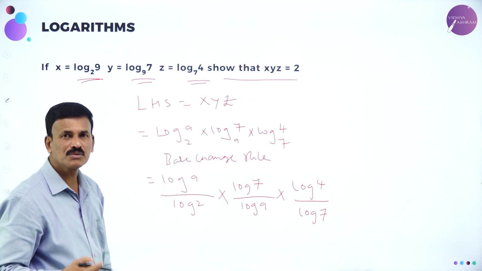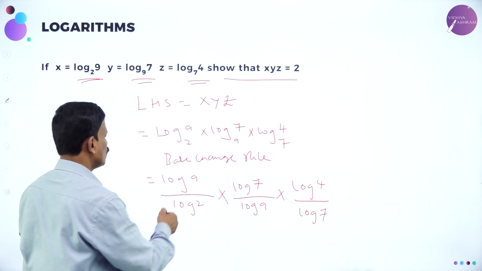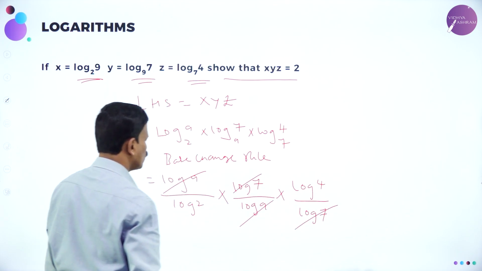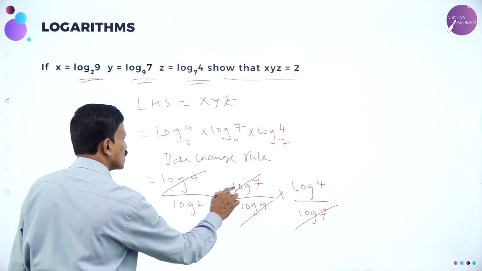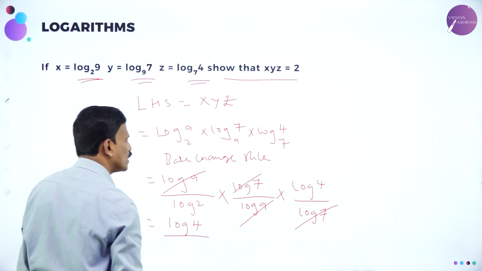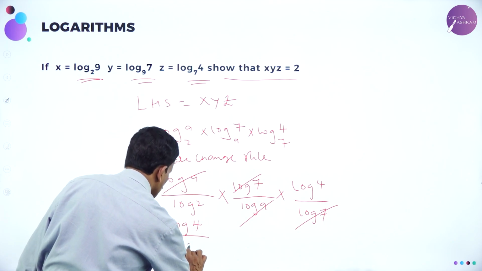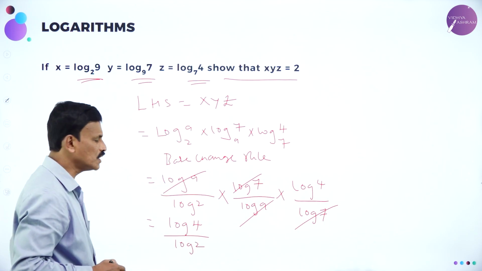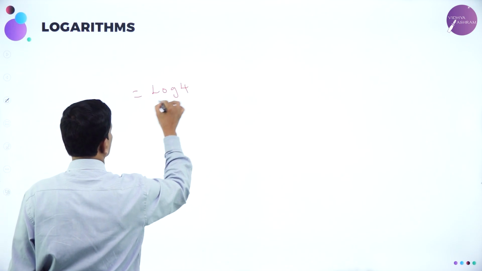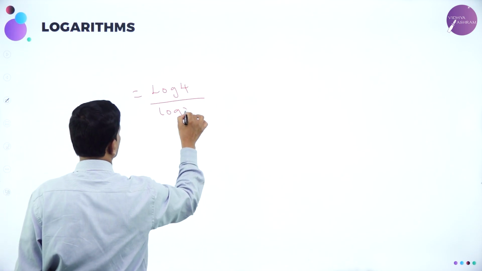Now cancel the terms which get cancelled. See here, logarithm of 9, logarithm of 7 and logarithm of 7 get cancelled. What is left in the numerator is log of 4 divided by, in the denominator, logarithm of 2. Okay. So I will go to the next page. This is logarithm of 4 divided by logarithm of 2.